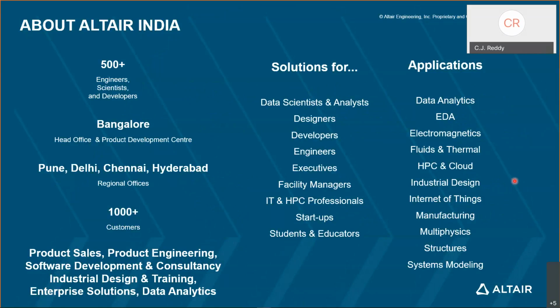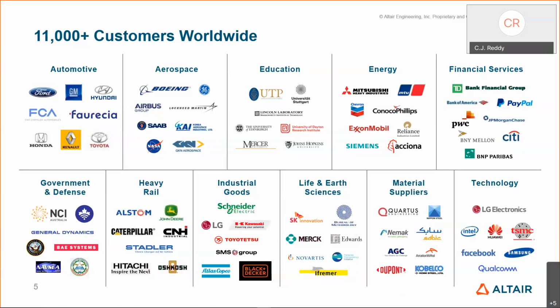As you can see here, we cover a wide spectrum of domains, not just electromagnetics, which is a very key one, but the rest of the things as well from India. So overall, 11,000 plus customers. If you look at the portfolio, every industry you can think of, we have key customers there. So why is this?